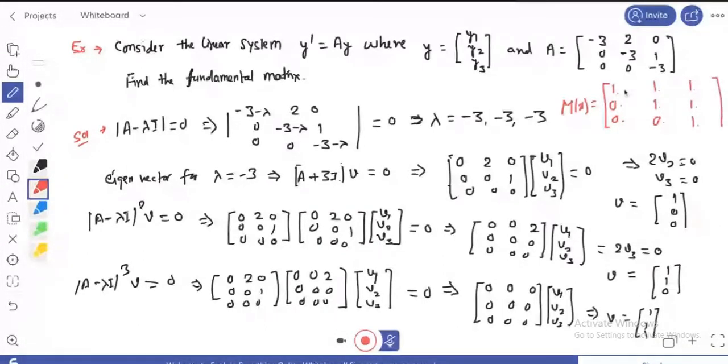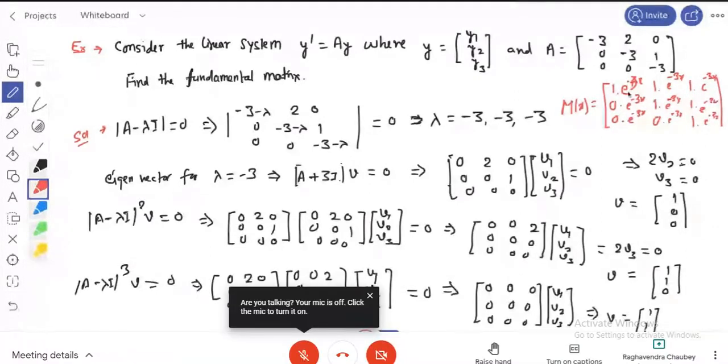The exponential of the first eigenvalue is e to the power minus 3x, and since all eigenvalues are the same, it is e to the power minus 3x, e to the power minus 3x, e to the power minus 3x. Okay, so this is your fundamental matrix.